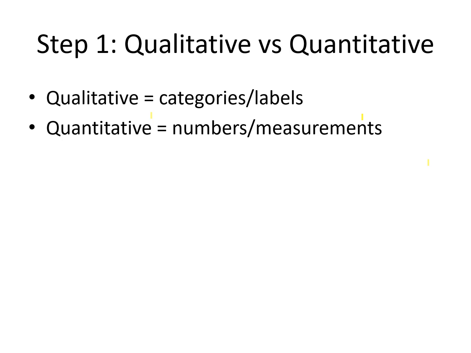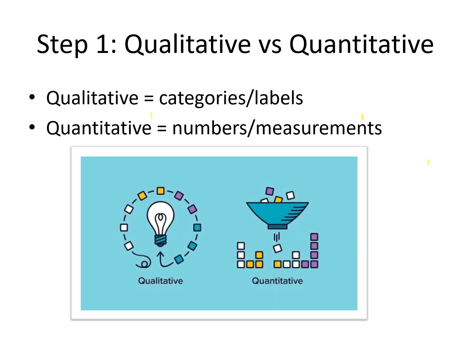When classifying a variable, always start with one simple question. Is this a category or a number? If it is a category or label, it is qualitative data. If it is a numerical measurement or count, it is quantitative data.